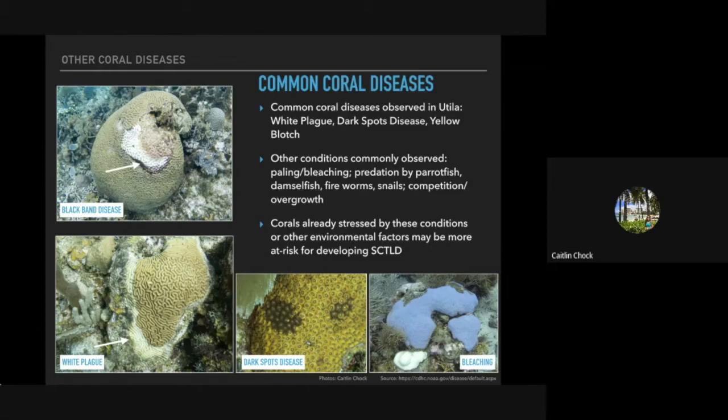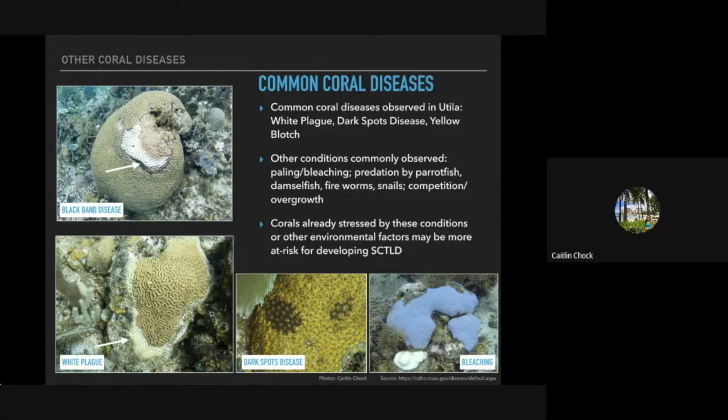So other conditions commonly observed here are paling or bleaching corals. Like the SCID on the bottom right, as Andrea mentioned yesterday, it can turn a blue or purplish color when it's bleaching. We might see predation by parrotfish, damselfish, fireworms, or snails.